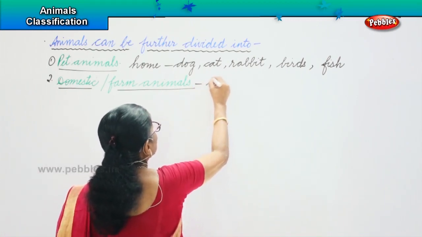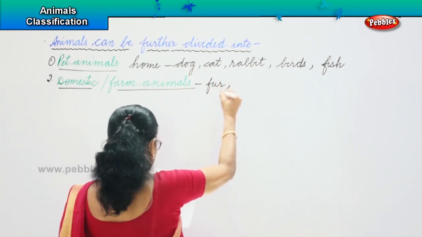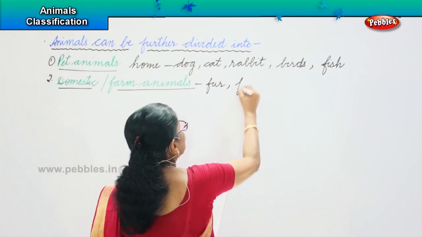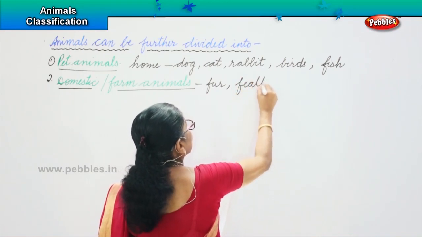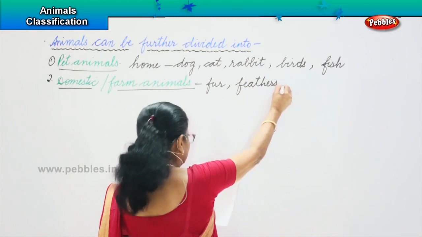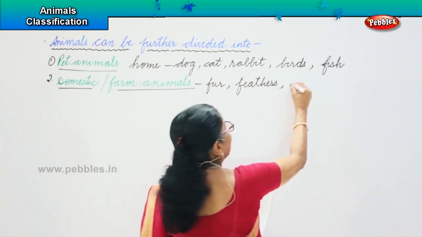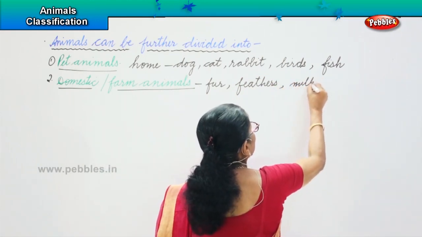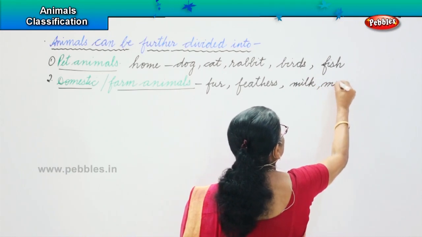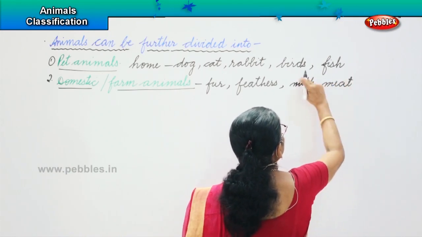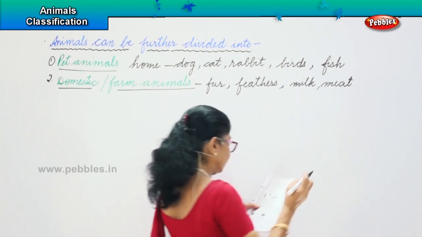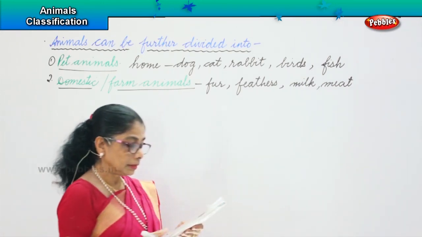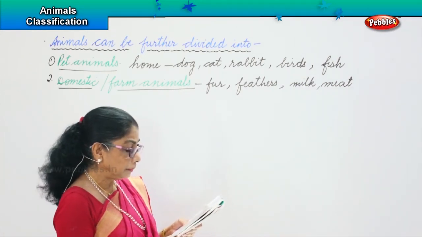They are used to take fur from them, feathers, milk, meat, sometimes for transportation.